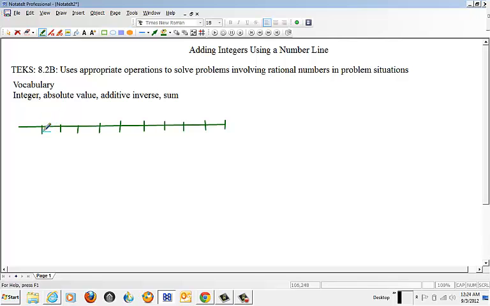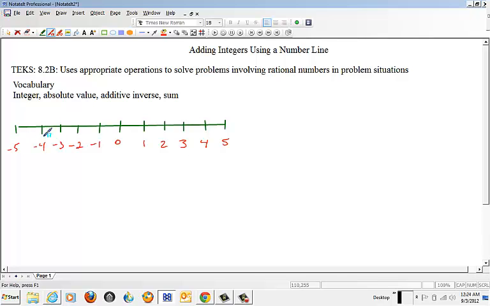So 0, 1, 2, 3, 4, and 5. Here we have -1, -2, -3, -4, and -5.